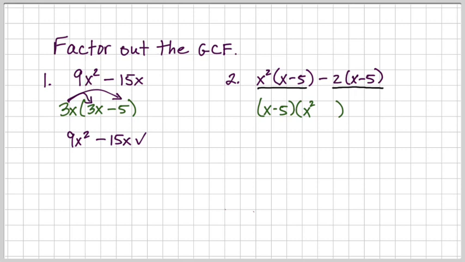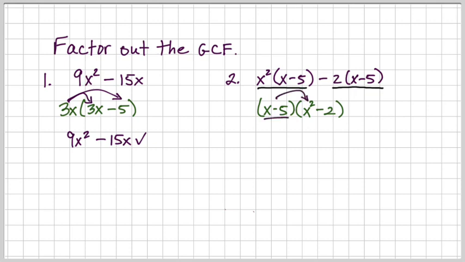And then we're going to look for what we multiply times x minus 5 that gives us this other term. And notice we have a minus 2 times x minus 5. And so we'll put in a minus 2 here. And so this is our solution.